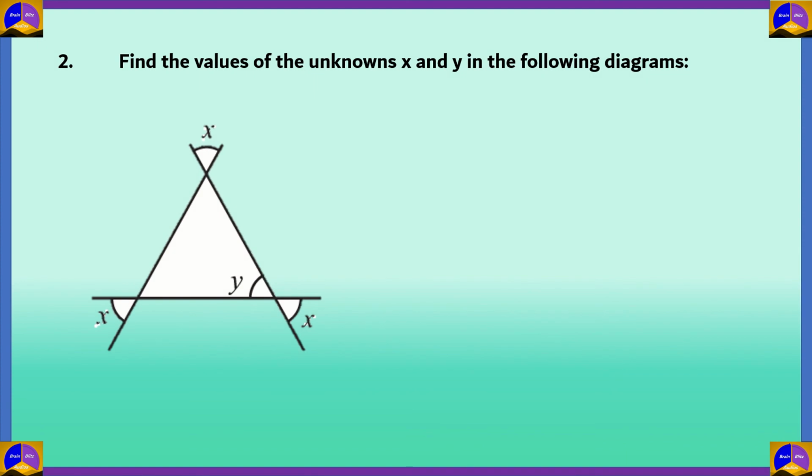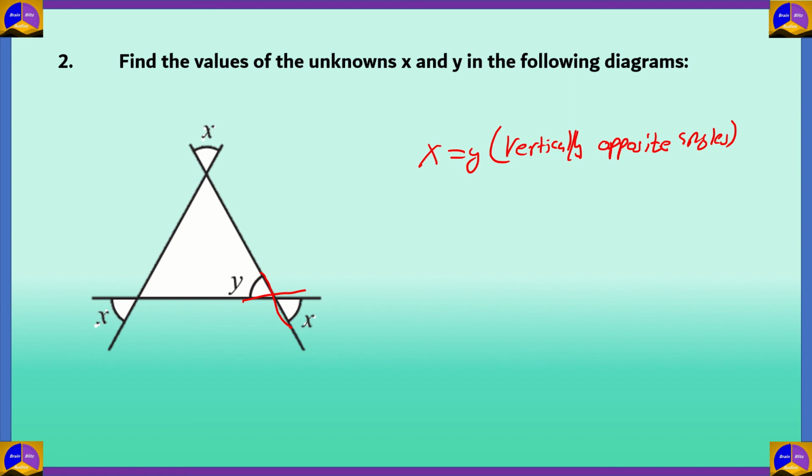Now in this question, we observe that y and x are opposite to each other and they form an x shape. So, x would be equal to y. Reason? Vertically opposite angles.